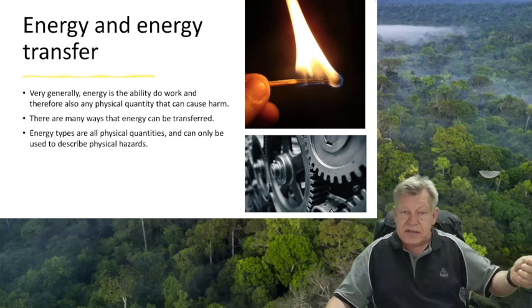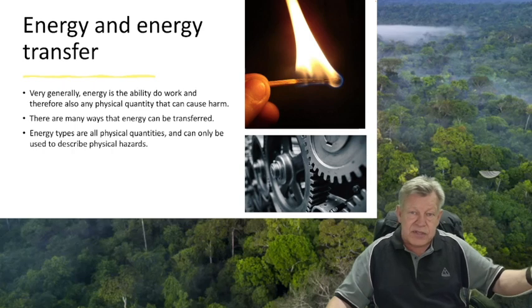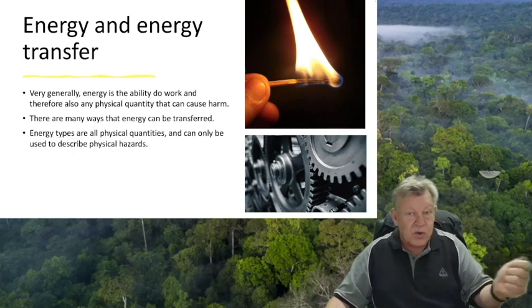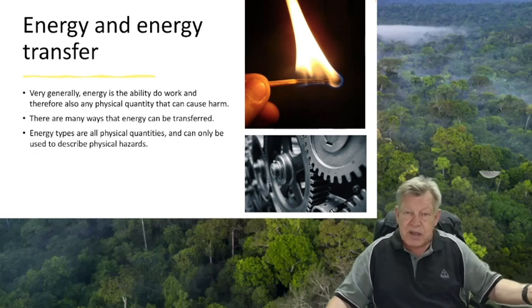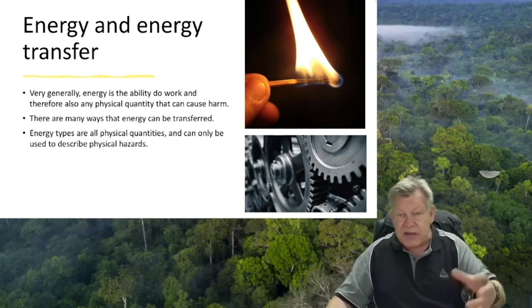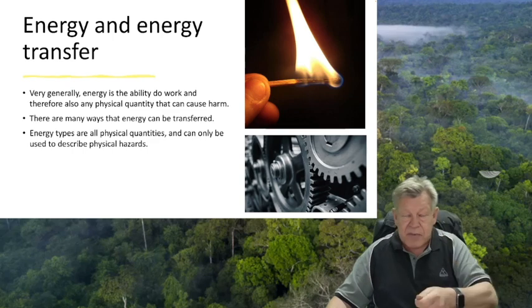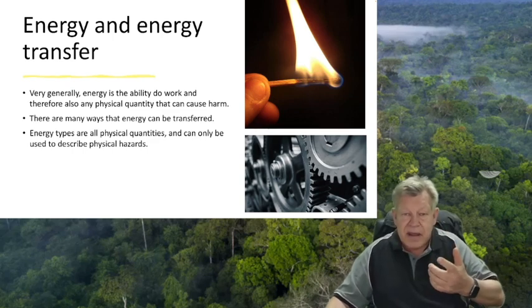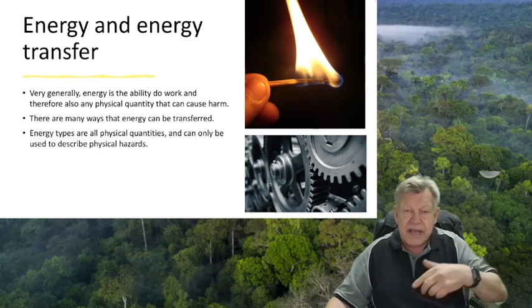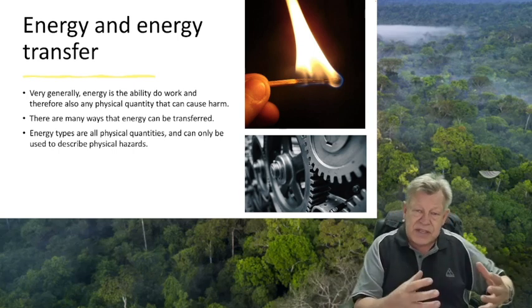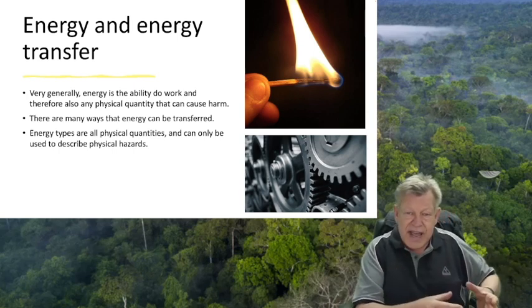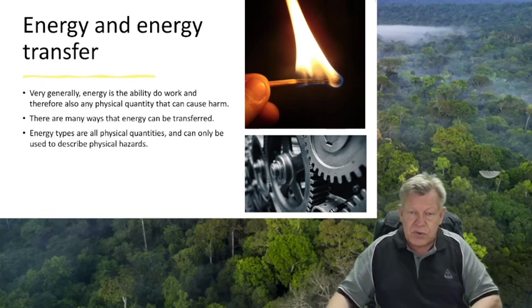Yes, a person may have to use the hazard, give it energy, or to create the closing potential. In other words, a person can bring a hazard closer to you, like a knife or something like that, or a hammer, and use that to cause harm. But he's not going to stab you to death with his finger. He needs a knife, or he needs a screwdriver or something like this. So even if a human is involved, you still need a hazard to be able to do the harm.